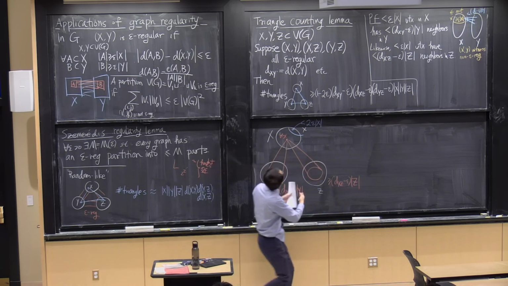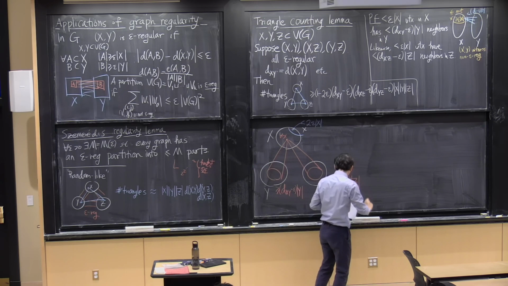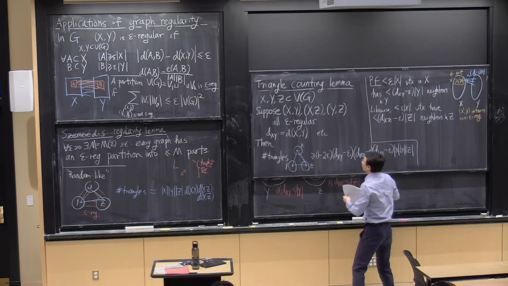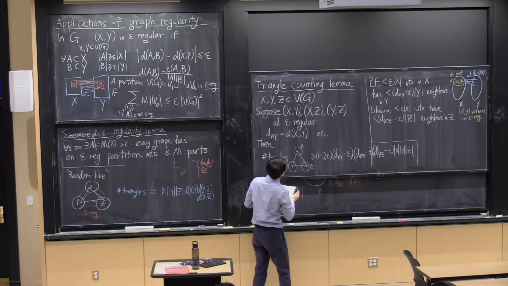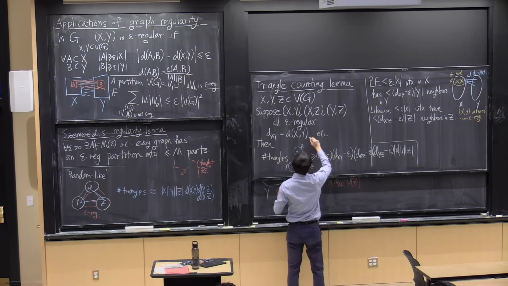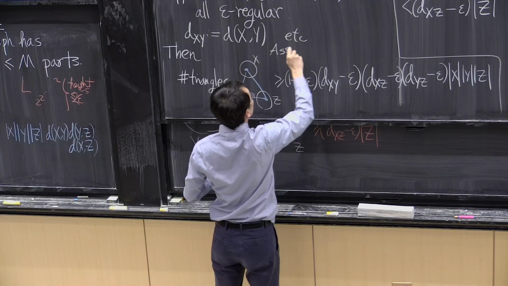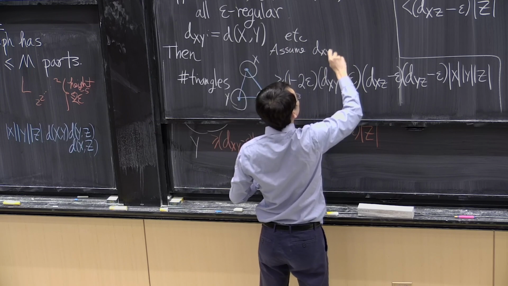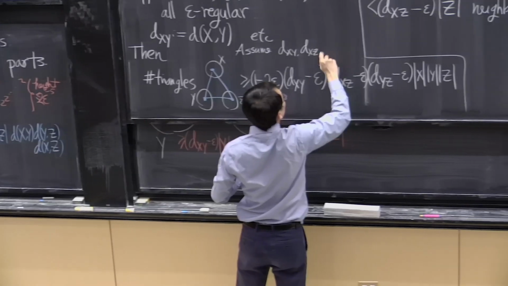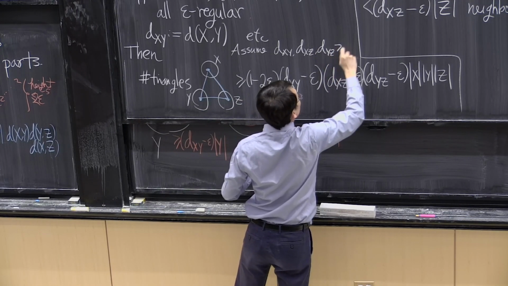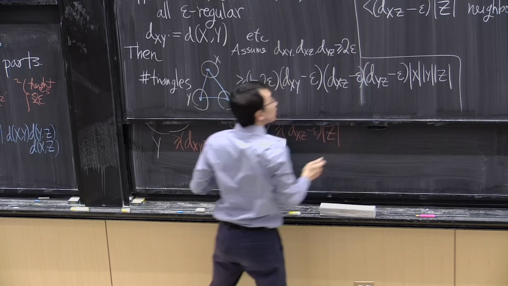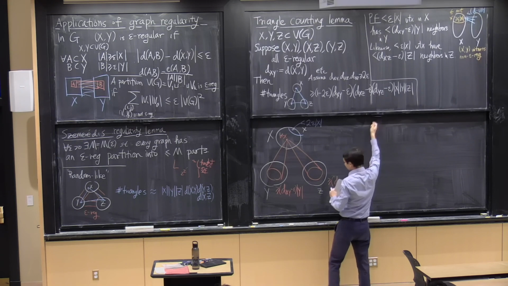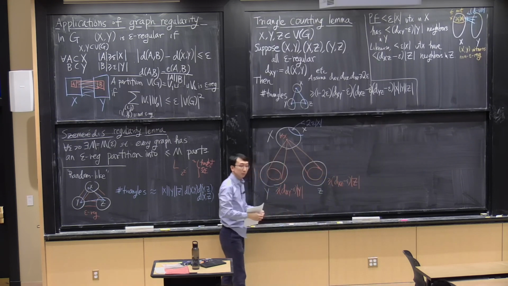So now I realize I'm missing a hypothesis in the counting lemma. Let me assume that none of these edge densities are too small. They're all at least 2 epsilon. Okay.